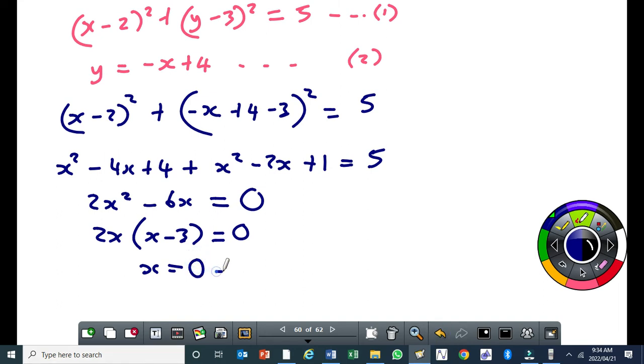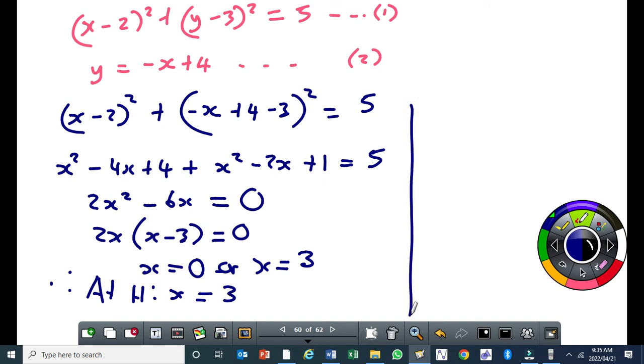So x equal to 0, or x will be equal to 3. Now what this means is at H, x will be equal to 3. Let me try to move quickly now. So x is equal to 3 at H. I need to find the y value.